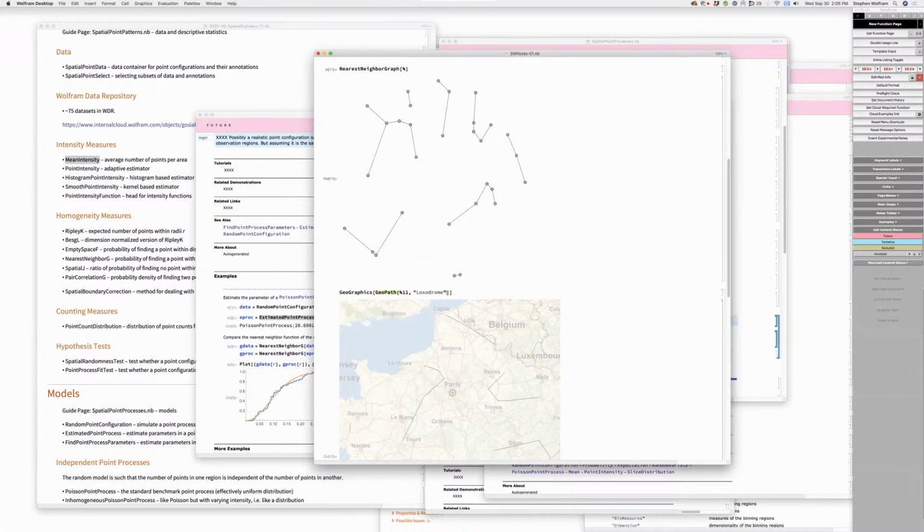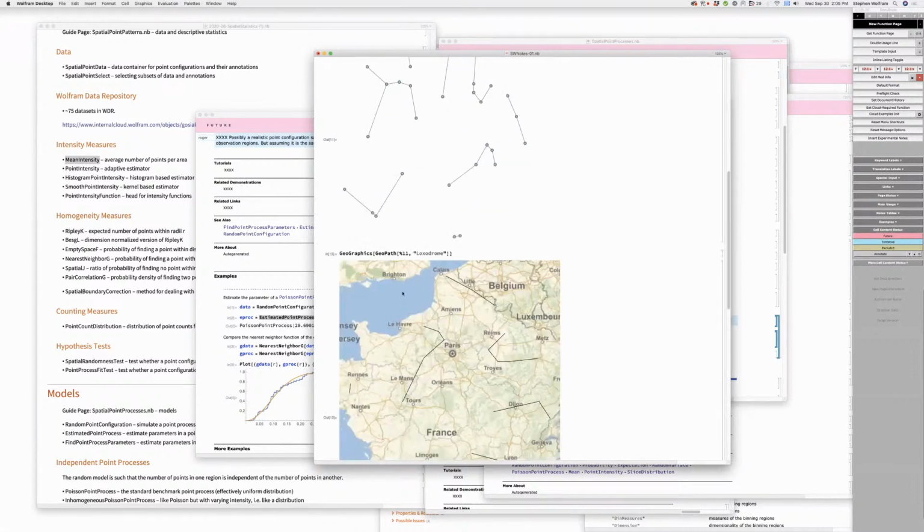Loxodrome or geodesic? Yeah, but for these very short paths, you don't see the difference. If this was through the wall, it would be noticeable. But the key point is that you have to specify outside the primitive you want. You can say point, and then you just get the points, or you can say geomarker, and you get geomarkers.